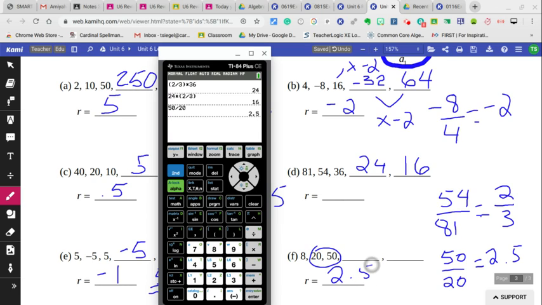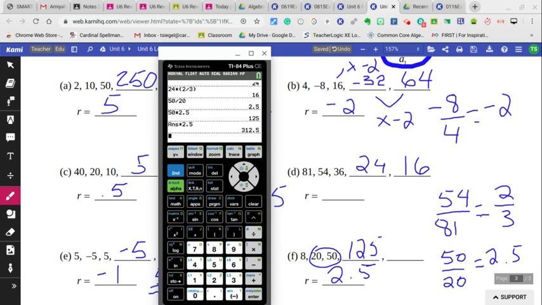So now we have 50 times 2.5, which is 125. And then we're going to multiply that by 2.5. And this is 312.5. Alrighty.